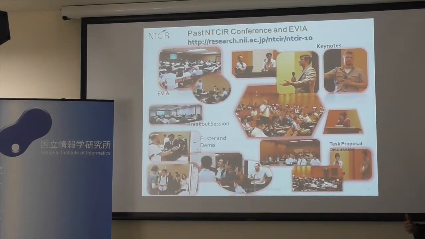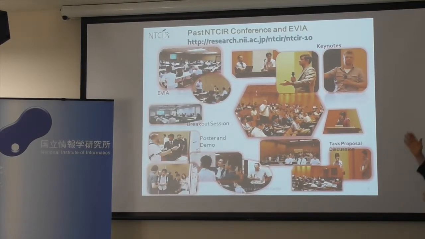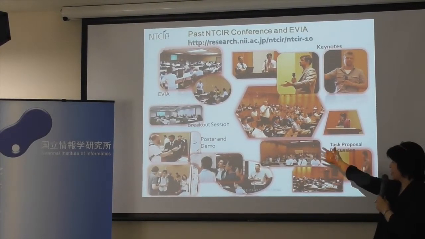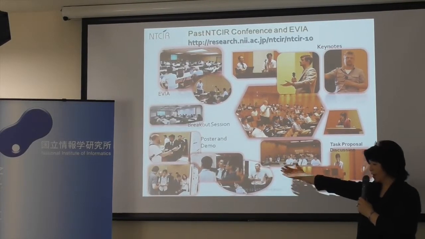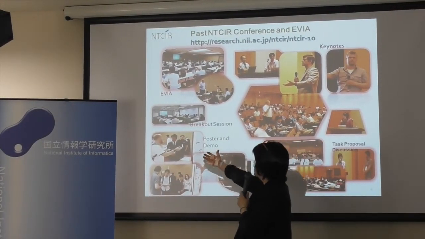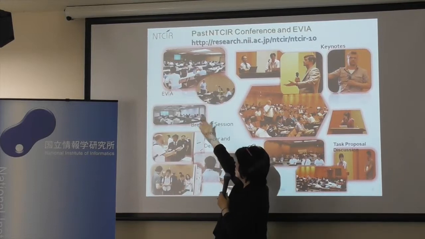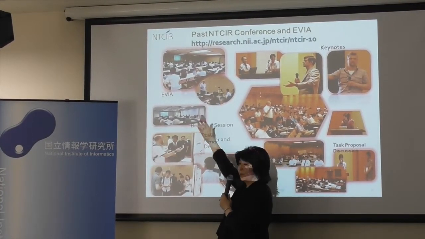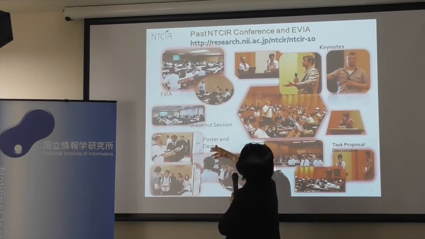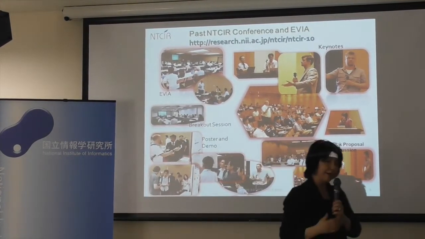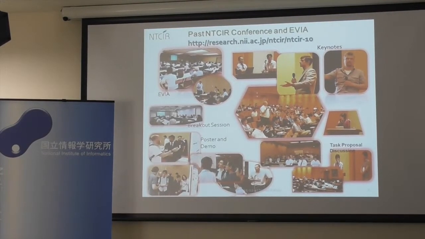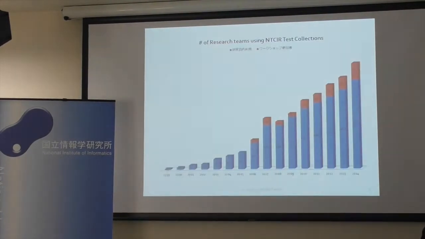Here are some photos from past NTCIR conferences: keynotes, audience and discussions, and each participant's poster presentation, as well as breakout sessions to discuss the next round of tasks. So it's quite a lively event. Please participate in the conference as well.